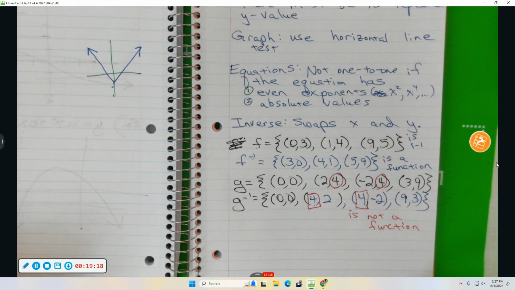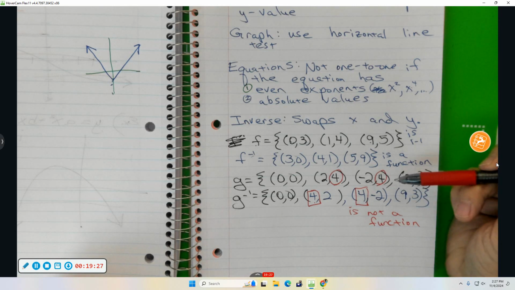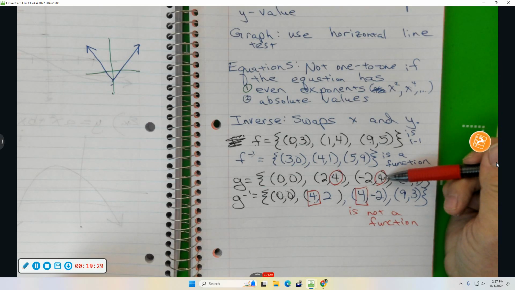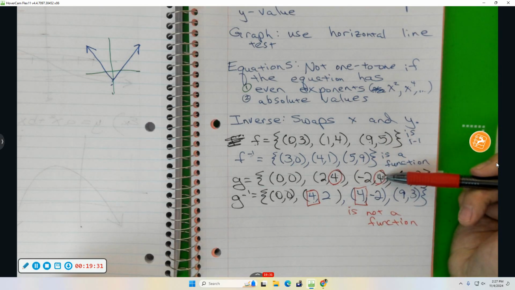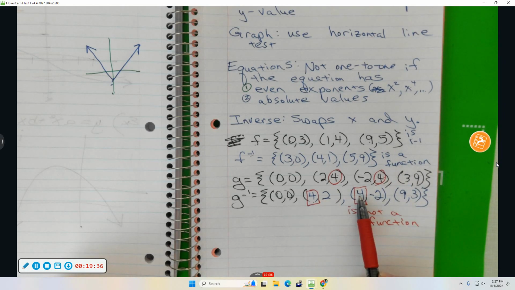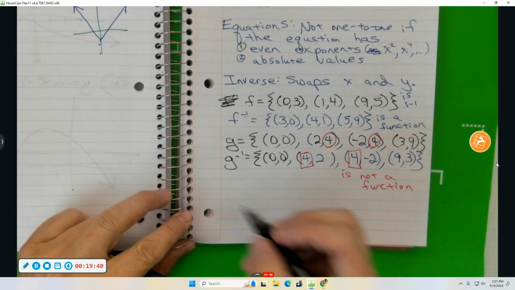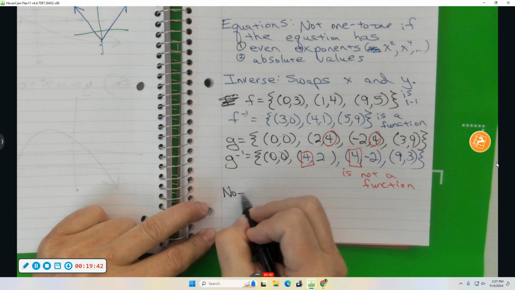So the whole point of this, only 1-to-1 functions have inverses that are functions. That's what I'm trying to say. If the function is not 1-to-1, that means there's repeated y's, and when you swap the y, it becomes a repeated x. So only 1-to-1 functions have inverses that are functions.